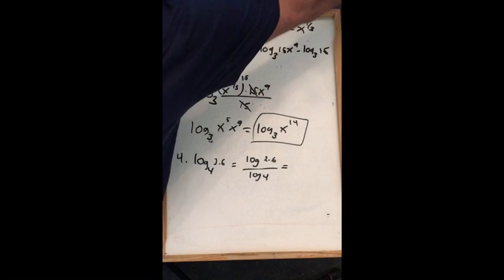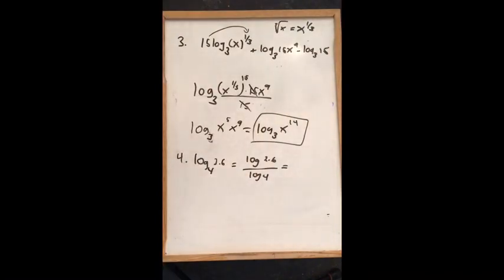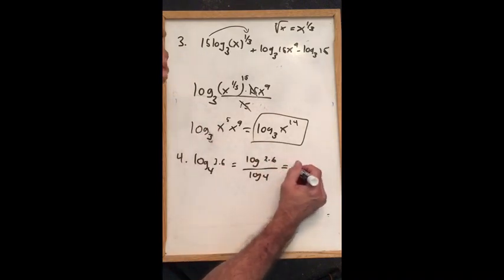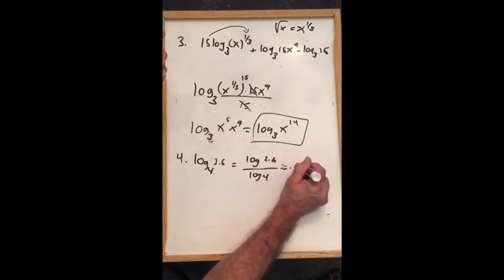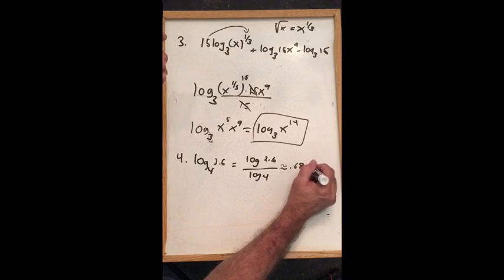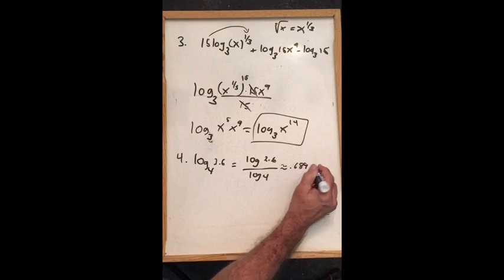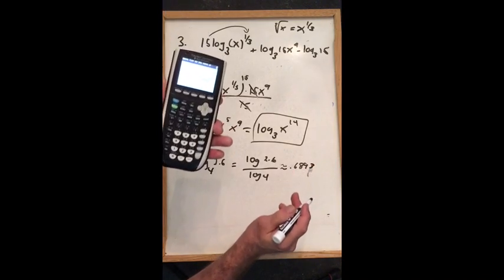I'll use my calculator and simply say the log of 2.6, close parentheses, divided by the log of 4, close parentheses. On the calculator, I get, well, we'll take it to 4 decimal places, 0.6892. Actually, it would go up to 3 if I round it.